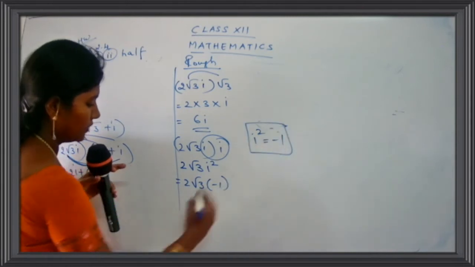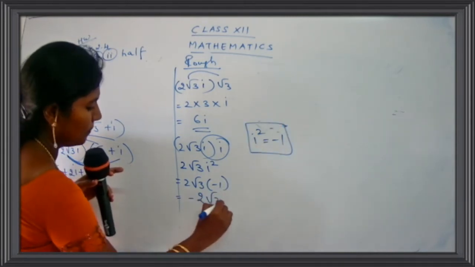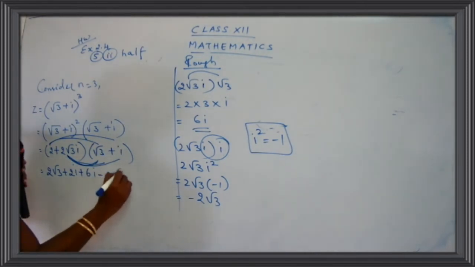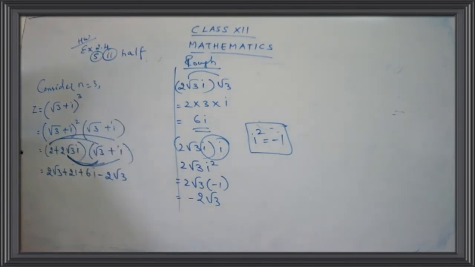This is equal to minus 2 root 3. Just put here. You have to show the working part, children. You have to draw a rough column and you have to show the working part.